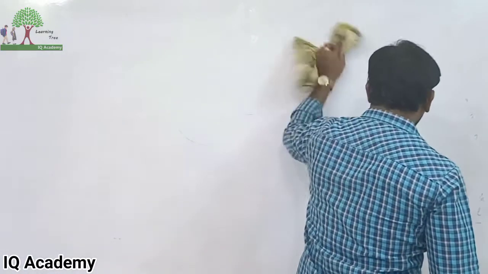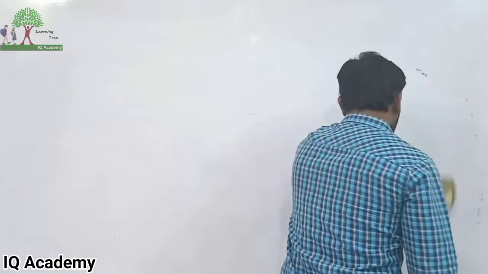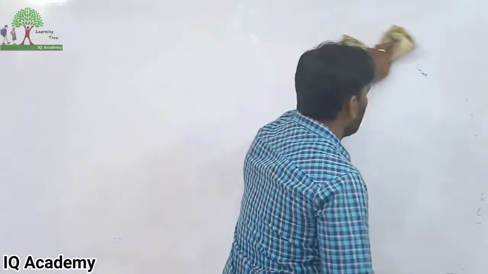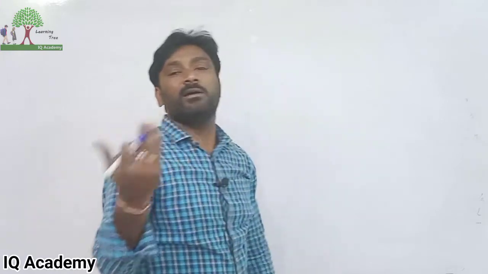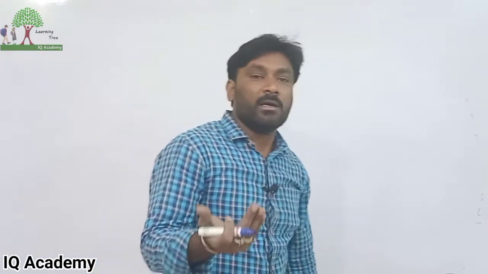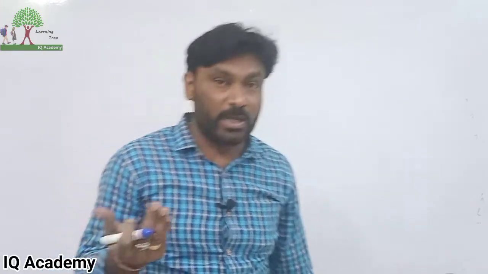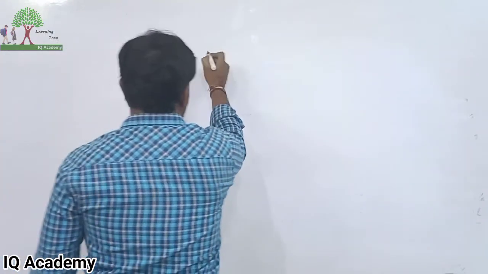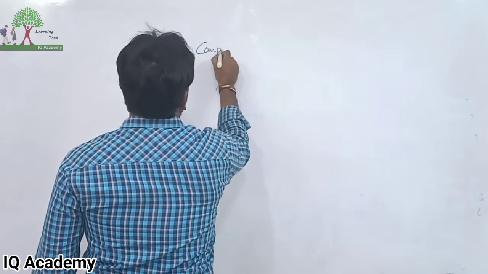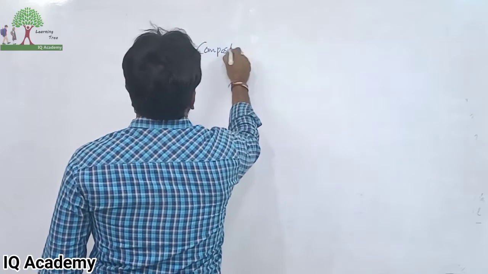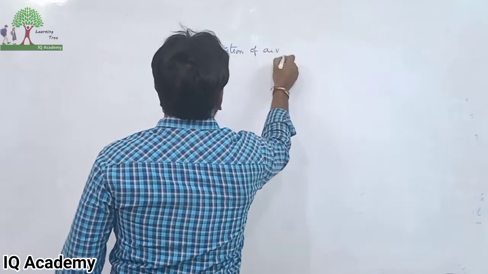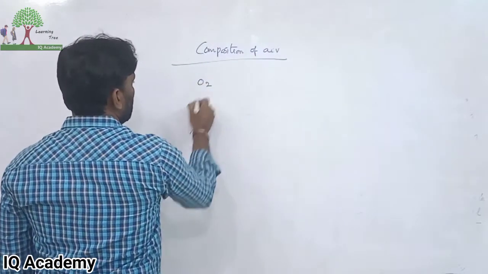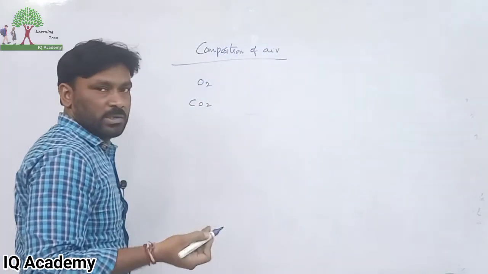Now then we'll discuss the percentage of gases present in the surroundings and composition of gases during inhalation and as well as the exhalation. Composition of air. In the surroundings we have oxygen, carbon dioxide and nitrogen as the main gases.